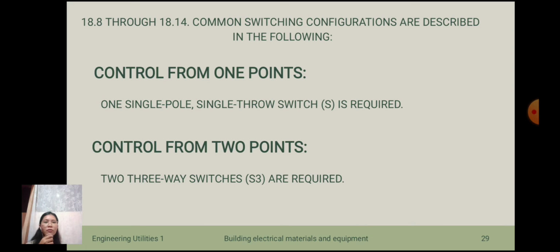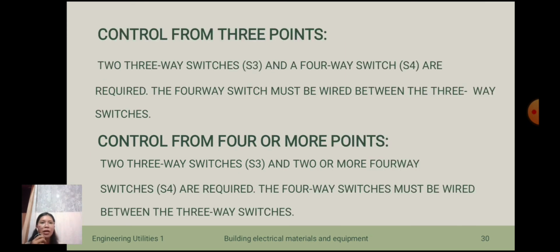So control from one point, one single pole, single throw switch is required kasi isang point lang man. And then we have control from 2 points, 2 three-way switches or single pole double throw are required. And then we have the control from 3 points, 2 three-way switches and a 4-way switch are required.